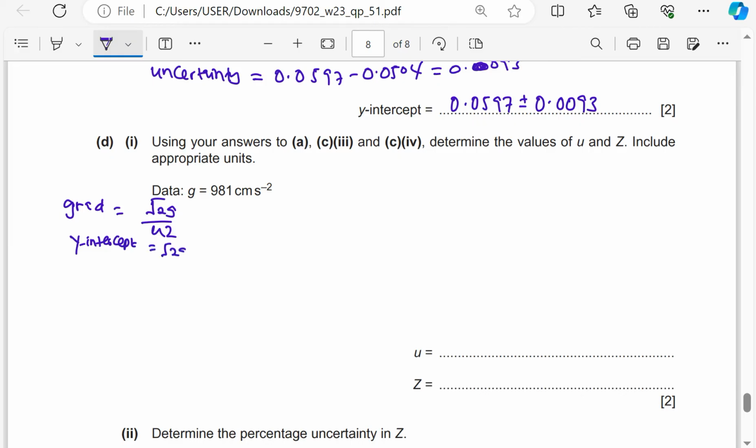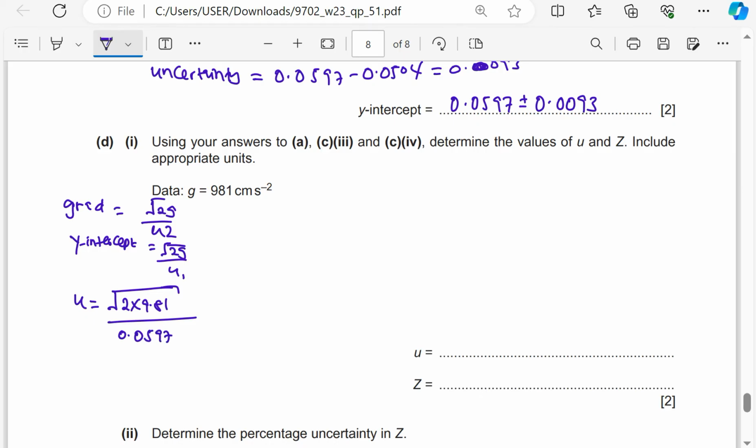The y-intercept is root of 2g over u, so I can find u first. It means u is going to be the square root of 2 times 9.81 over the y-intercept, which is 0.0597.